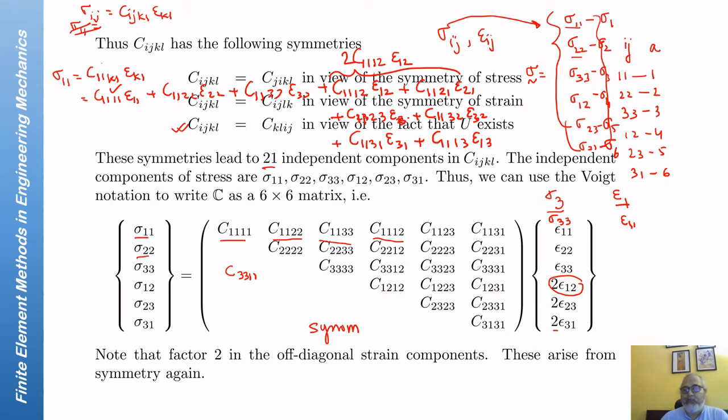So we have to be careful that we always use the same mapping when going from the tensorial indices to the Voigt indices. Also, please remember the factor of 2 in front of the strains. This is very, very important, and this comes about because this term actually represents C1112 as well as C1121.